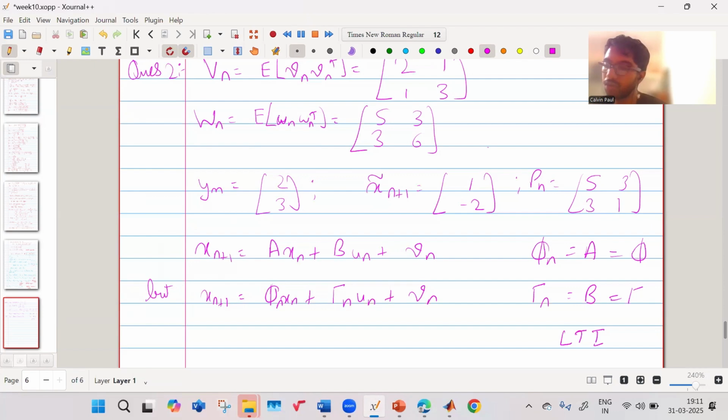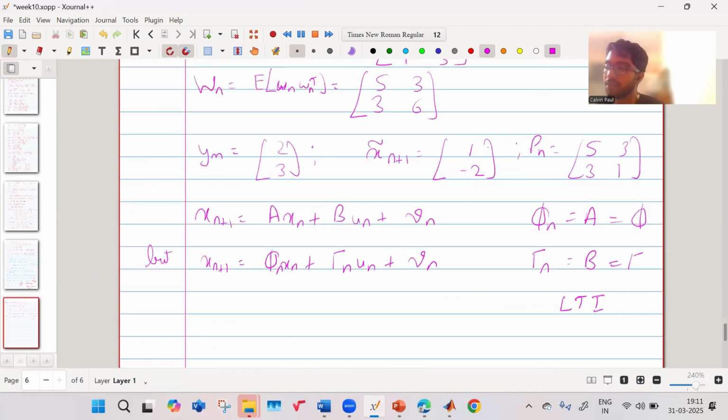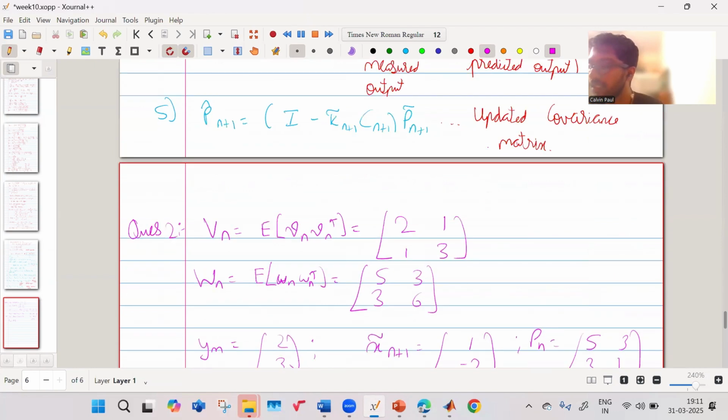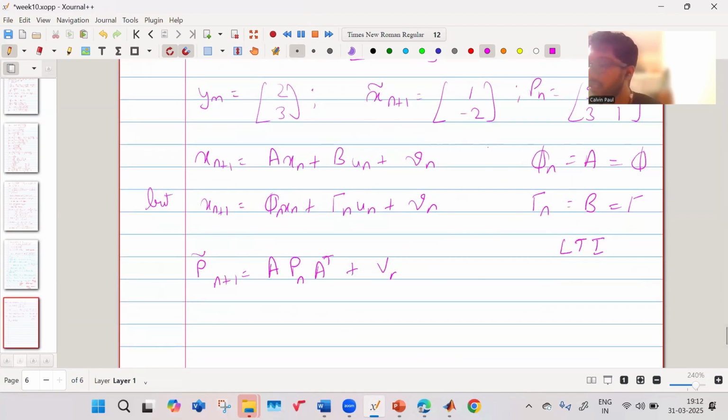So now what is our step 2? Step 2. We have to find the predicted covariance matrix. So P tilde n plus 1 is actually A into Pn into A transpose plus Vn. So what is the A matrix?